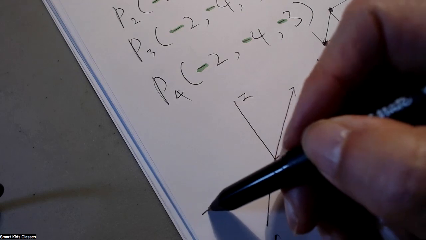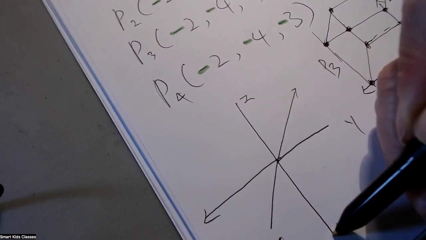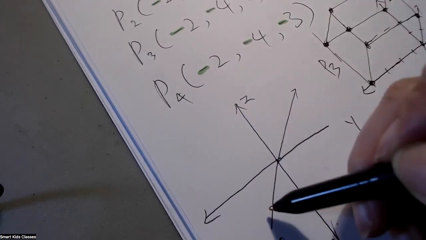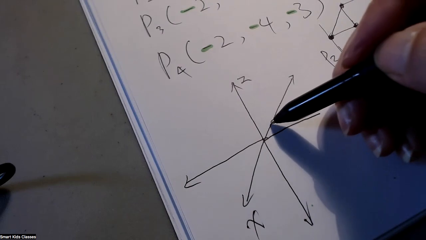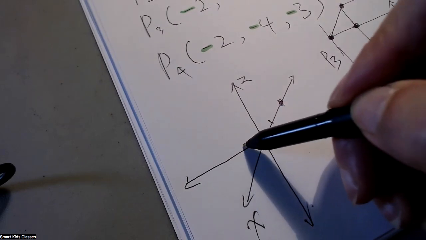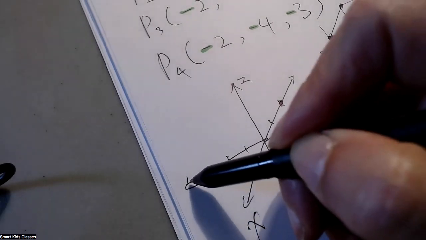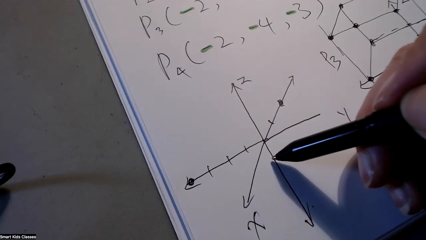If y is negative, we extend here. If z is negative, we extend here. So we put an arrow for all these points. Now x is negative 2, y is negative 4: 1, 2, 3, 4. And then z is negative 3.